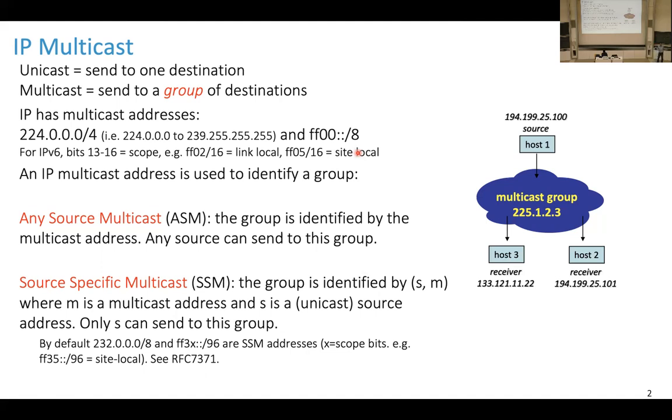For those who are more curious, you have also seen 224 addresses, IPv4 multicast addresses, inside the virtual machine for the lab. When you do a Wireshark capture at the beginning, you will see several UDP packets with a source address, 1.1.1 perhaps, but the 224 is a multicast address.